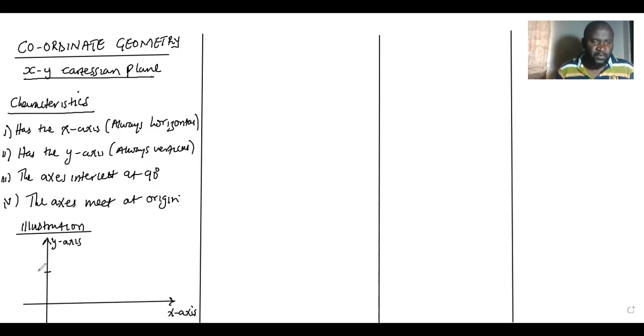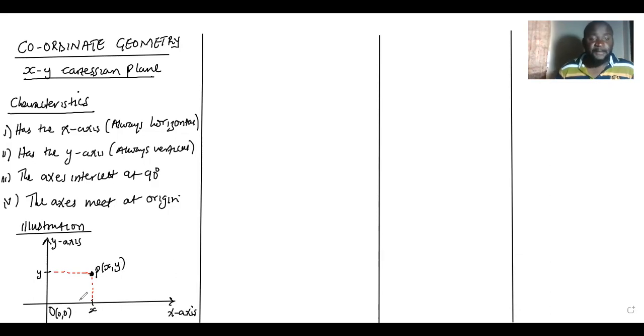If you have a point small y here, and a point small x here, these 2 points can define a point P. So P is written as (x, y), meaning it's a point with reference from the origin O, which has coordinates (0, 0) as the point of reference.